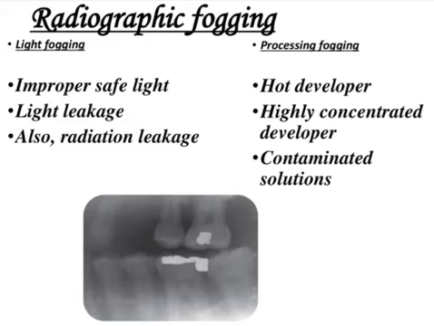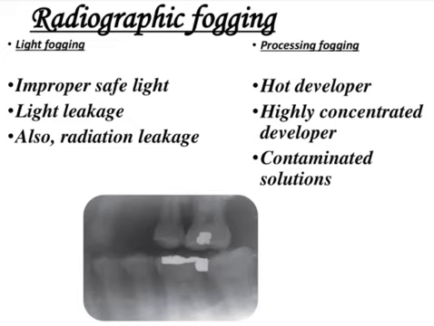Light fogging is because of an improper safe light leakage, also at times radiation leakage. The radiation leakage is ensured by the yearly quality assurance test of the radiology unit, which is undergone in every radiology setup.